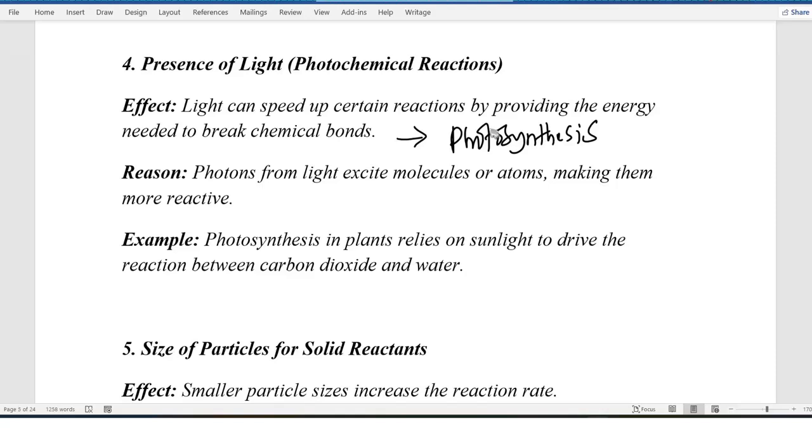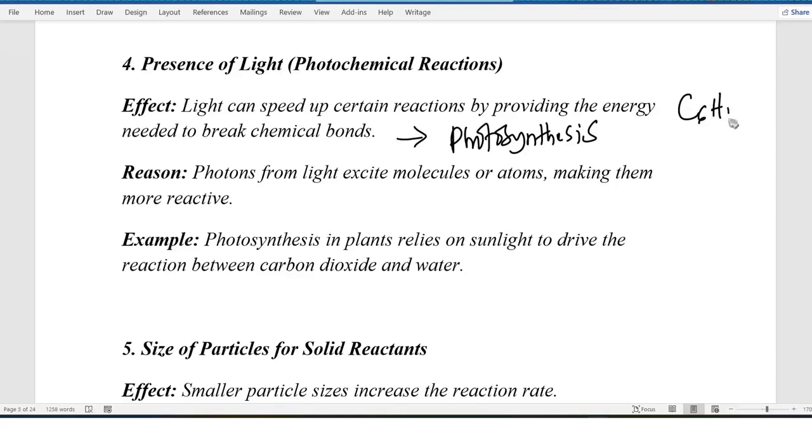you have light, okay, that is providing energy, striking the chlorophyll. The chlorophyll has water and the carbon. So when the two combine in the presence of light, you are forming food, which later on you can form glucose.